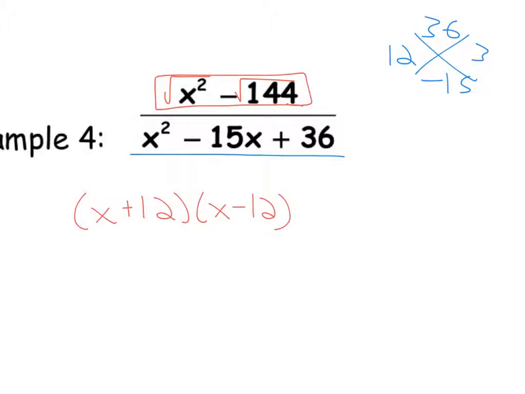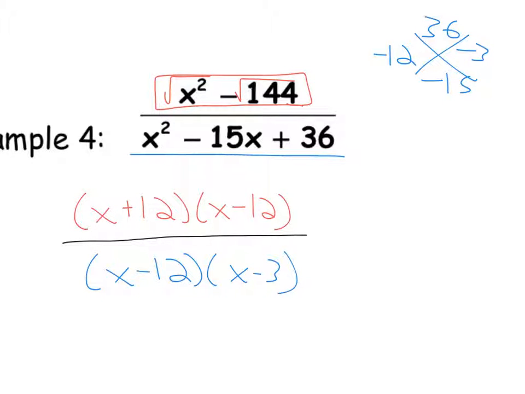And so, in this case, since they have to add up to negative 15, both of these have to be negative. So I can go ahead and rewrite our denominator as x minus 12 times x minus 3. And now we have rewritten our problem down to factored form.